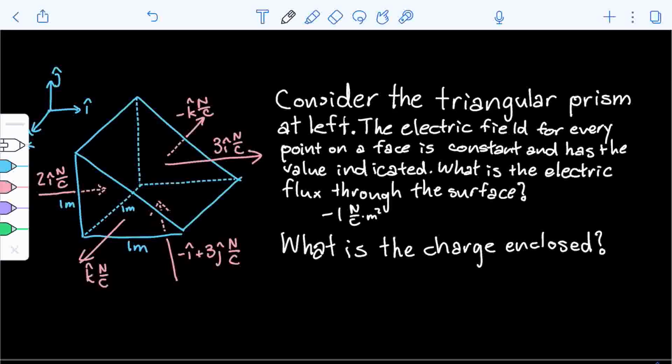So that means the charge enclosed, we know that by Gauss's law, this is equal to Q enc over epsilon 0.